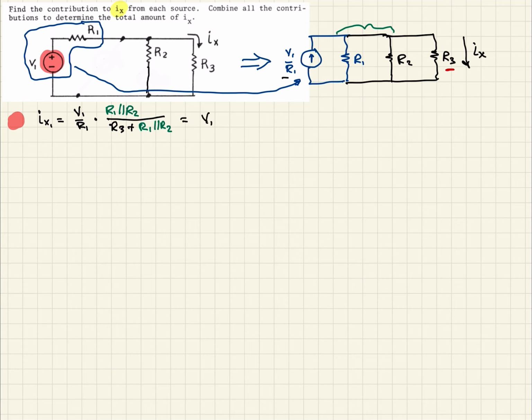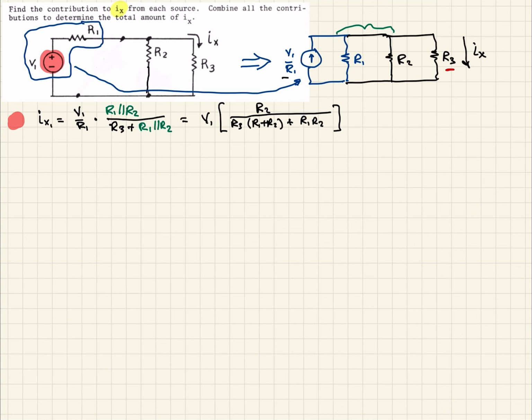When we do, we're going to have V1 times R2 all over R3 times (R1 plus R2) plus R1 times R2. And that's just algebra, plugging these things in. Okay, so that's the contribution from the voltage source.